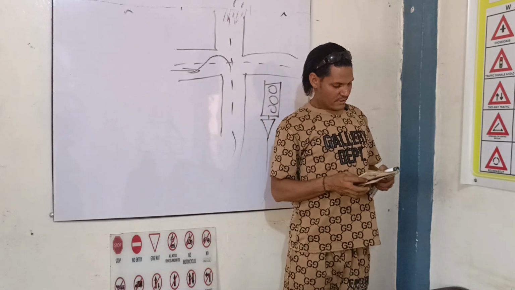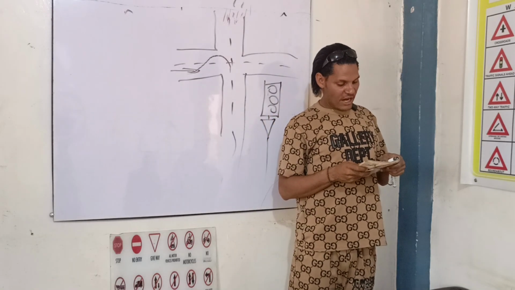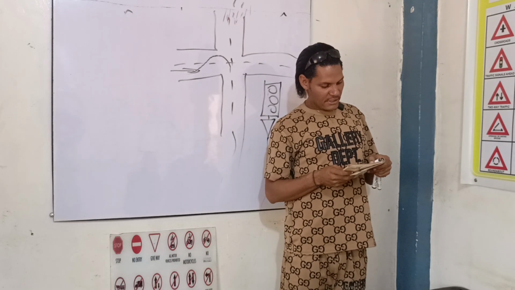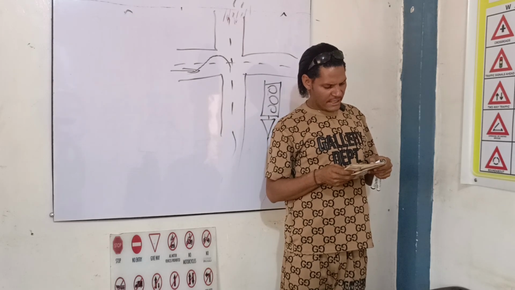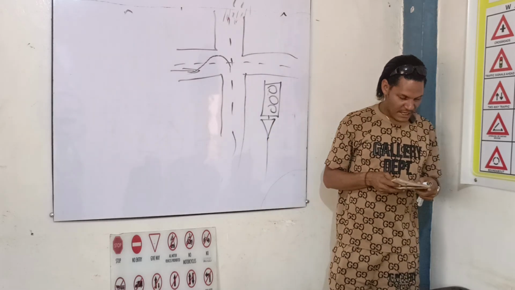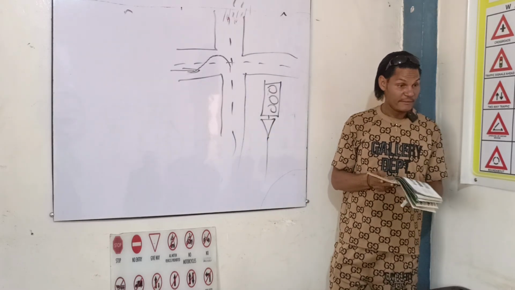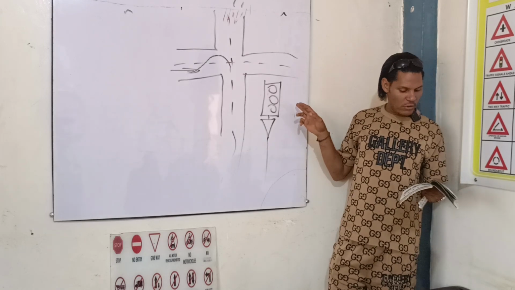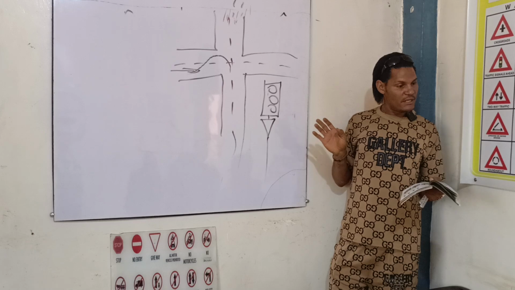Lights with sign. If the traffic lights are working, the indications on the traffic light take precedence over the signs. When the two are present, the traffic light is superior.